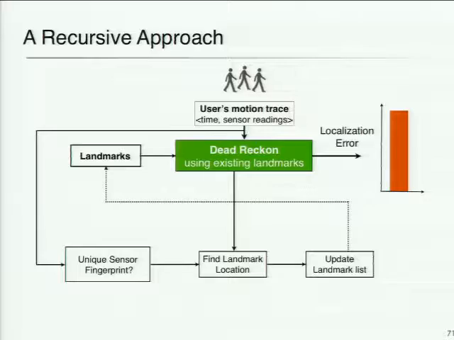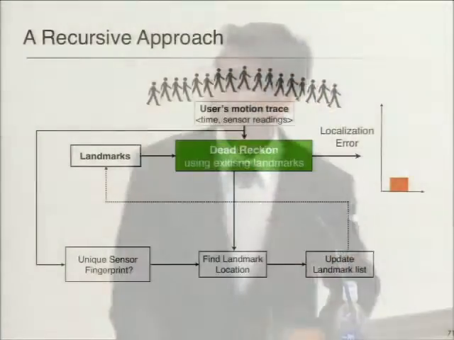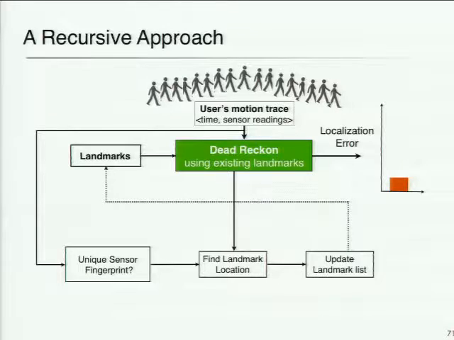Over time, as more people go in, you will see that more landmarks will come up in the geography, and the landmark localization error will improve. As landmark localization error improves, dead reckoning will also improve, and then as dead reckoning improves, the landmark localization error will also improve, in a recursive loop. So in the steady state, we expect to see that the localization error will go down.